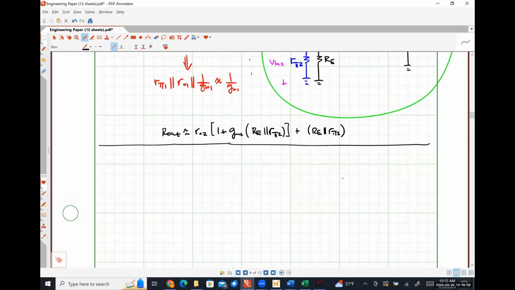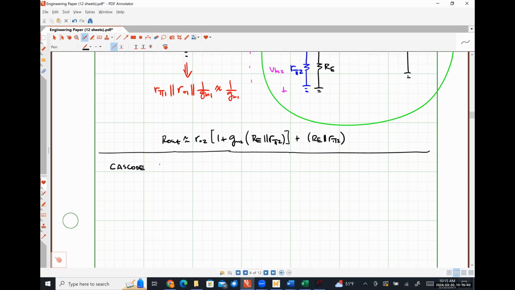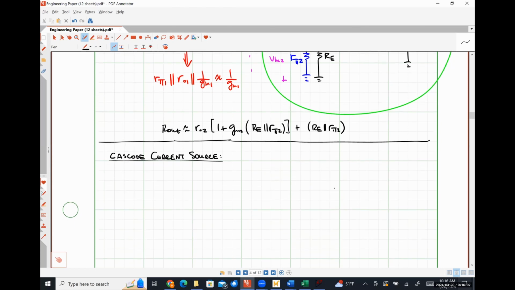All right, so cascode current source. Earlier, we had talked about how a simple PNP or NPN transistor, when we apply some fixed bias voltage to the base, acts as a current source effectively, right?